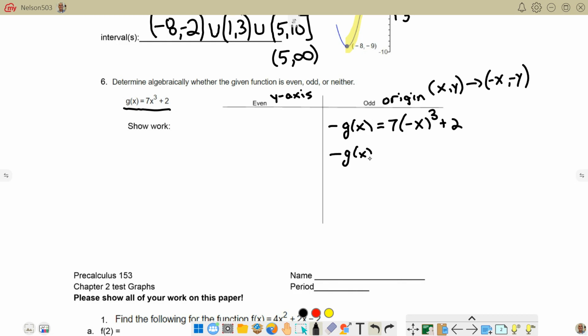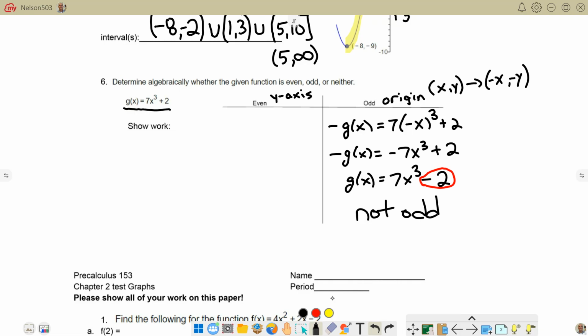Negative g of x equals negative 7x cubed plus 2. I multiply both sides by negative 1, and I get g of x equals 7x cubed minus 2. Not identical because we have this minus 2 where we should have had the positive 2. So this is not odd.